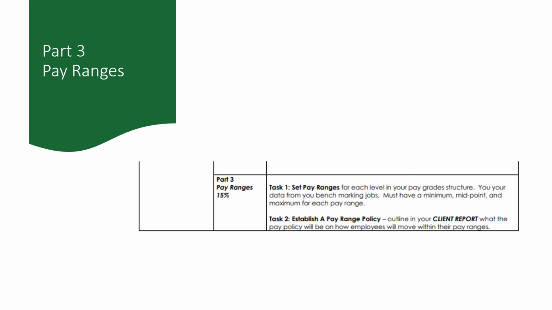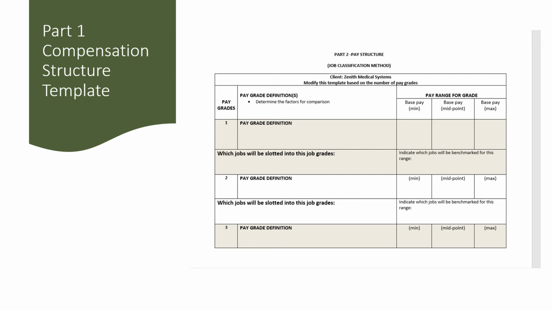So that policy needs to be outlined in your client report. And then I also need to see what is the criteria used to establish your pay ranges. Again, referring back to this template, you're going to set your pay grades using your benchmarking data, and then you're going to have to set the minimum and the maximum point.